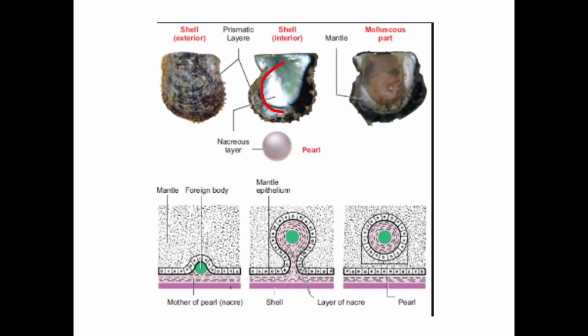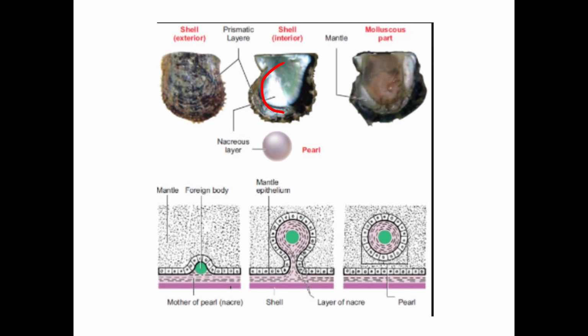That means after fertilization, because of indirect development, there will be a larva, and that larva undergoes a short period of free swimming pelagic life. Pelagic life means they are surface feeders. Then after that they sink to the bottom and develop into a small oyster. This small oyster is called spat.